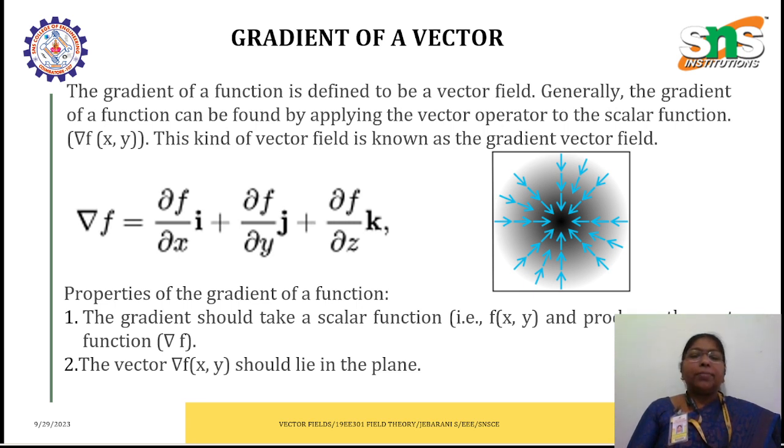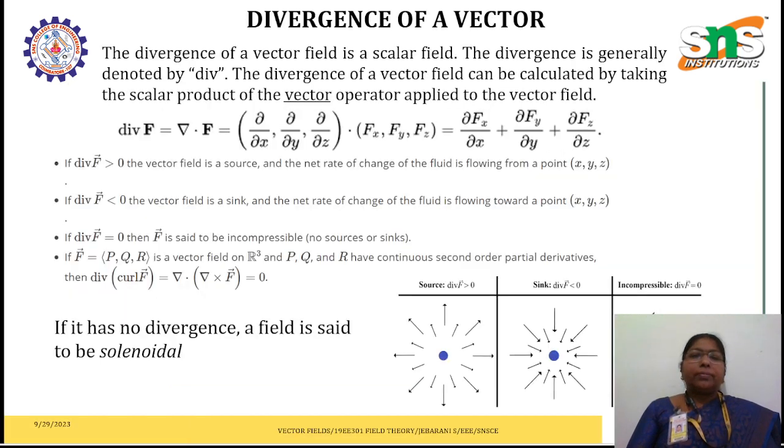That is, if you take up the gradient and the magnitude shrinks to 0, and the vector when you take up the differentiation, it should lie in the plane.